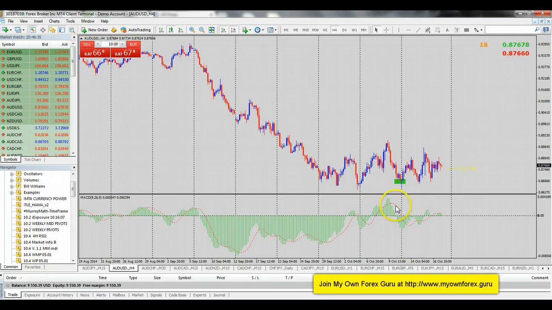Actually, I see one here. Let's do this. This might not show. So we have a low here, and we have a low here. Okay, those two conditions are great. And then for a real divergence, MACD needs to cross the 0 line, which it does here.